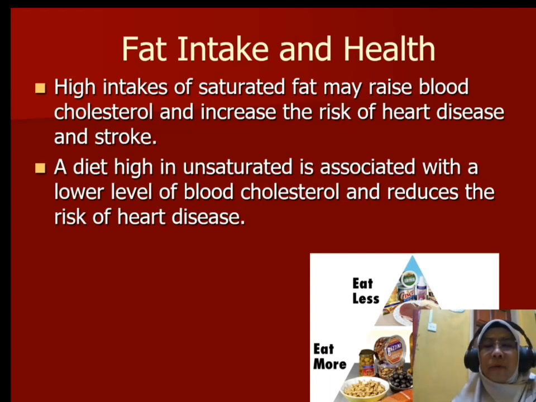High intake of saturated fat may raise blood cholesterol and increase the risk of heart disease and stroke.